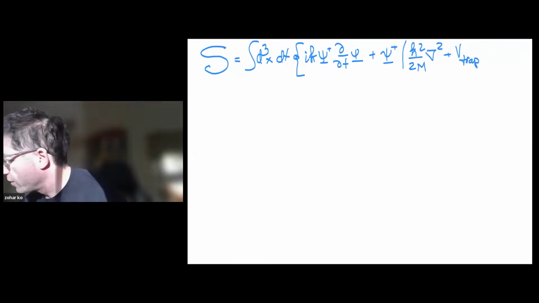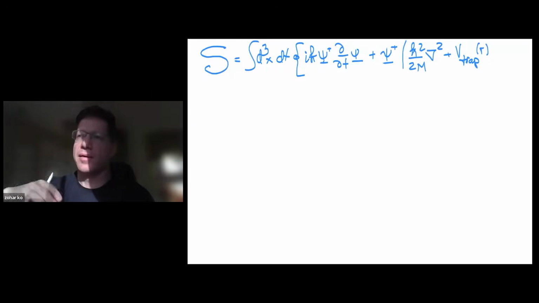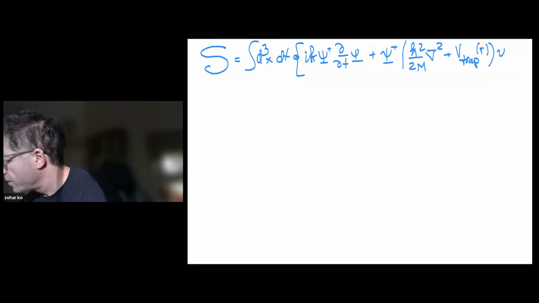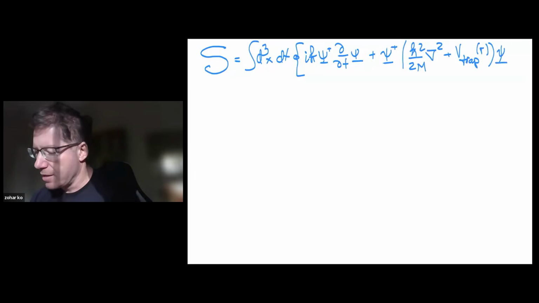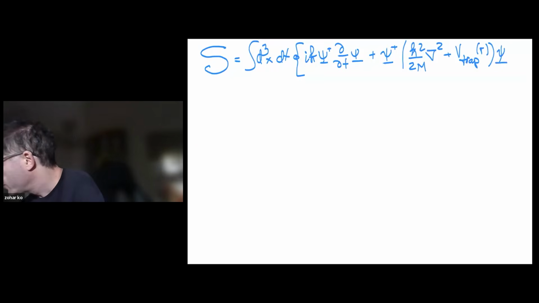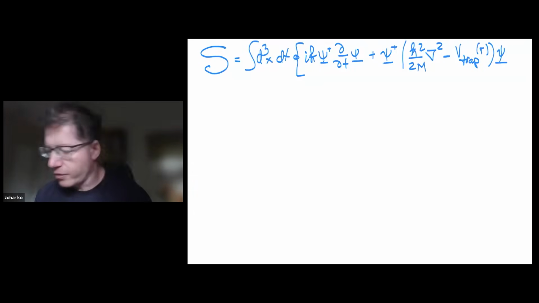It's some potential, which is a function of r that could model some bucket or some container, and that's multiplying psi. And sorry, there is a minus sign here. Let me just fix the sign. It's because the Laplacian has negative eigenvalues, so the potential also has to have a minus sign in front of it.